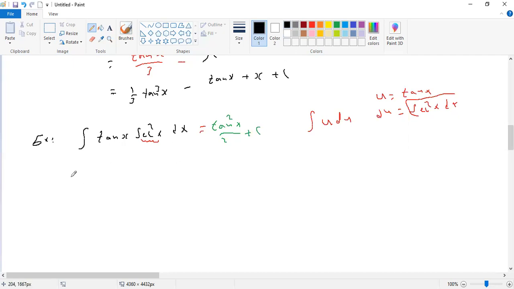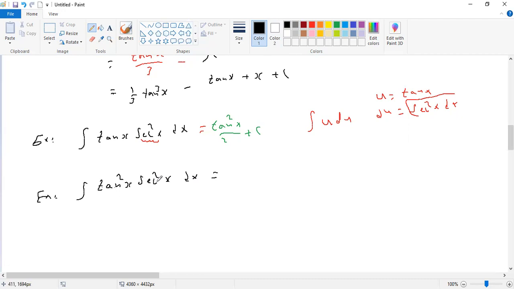Now, if I have, for example, not tan to the power 1, but tan squared x secant squared x dx, equal what?